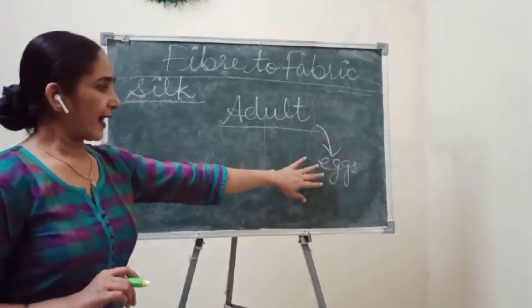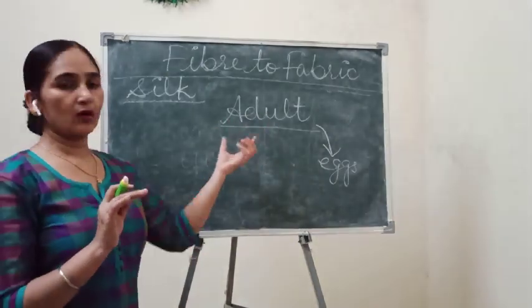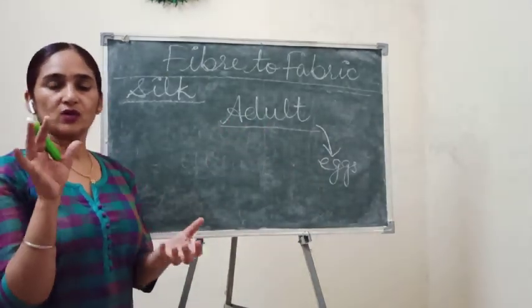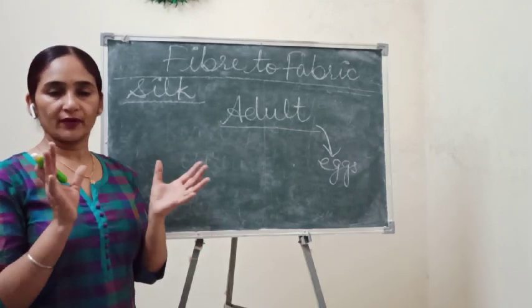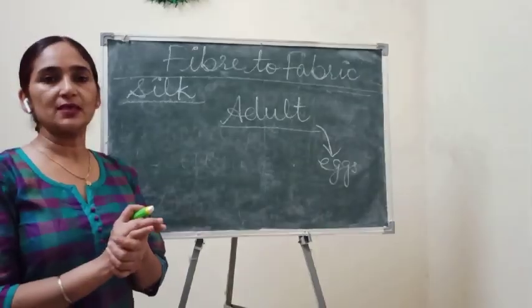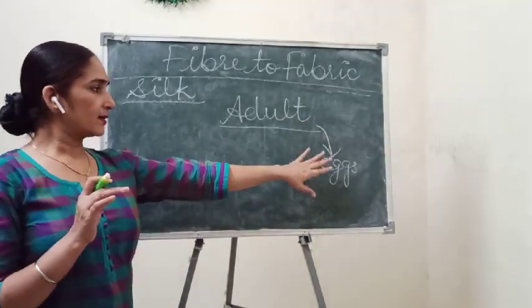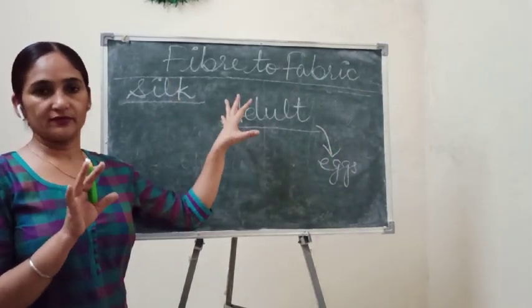When it lays eggs, its habit is that it always lives on the mulberry trees. Mulberry is a category of trees, and it feeds on the mulberry leaves.